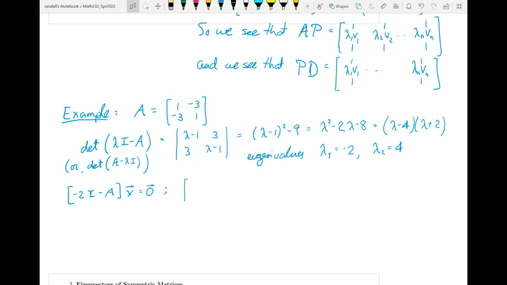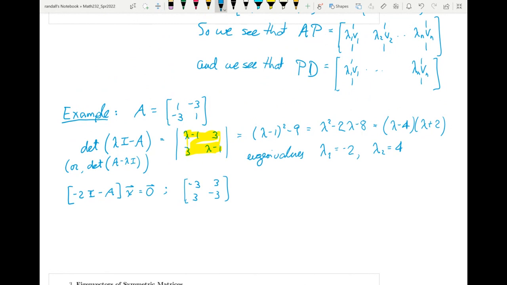In this formula, I'm just going to plug in these eigenvalues and form the matrix. So minus 2 minus 1 gives me minus 3, and the off-diagonal entries are the same, and also minus 3 here. That's the coefficient matrix of the homogeneous system, whose solutions are the eigenvectors for that eigenvalue.